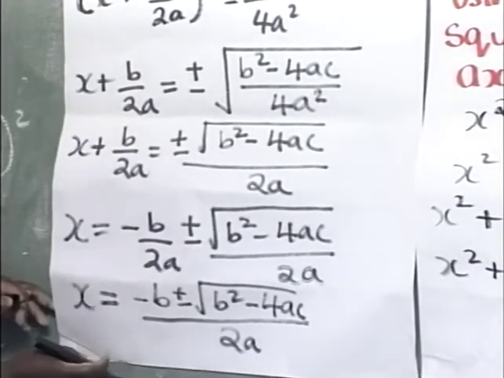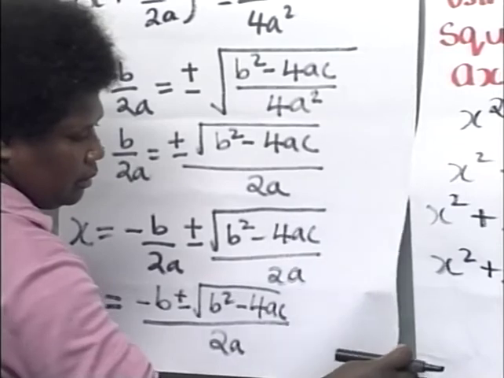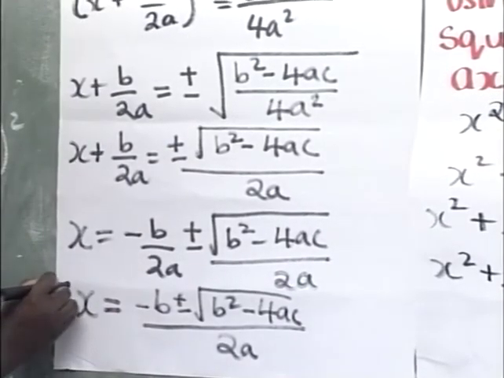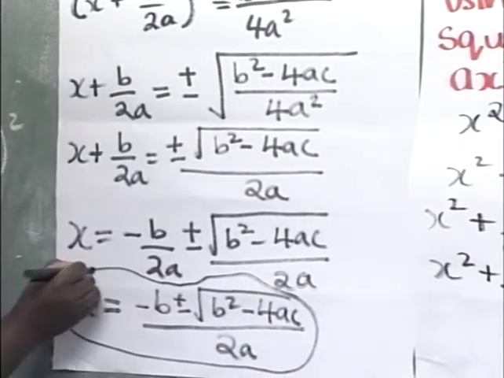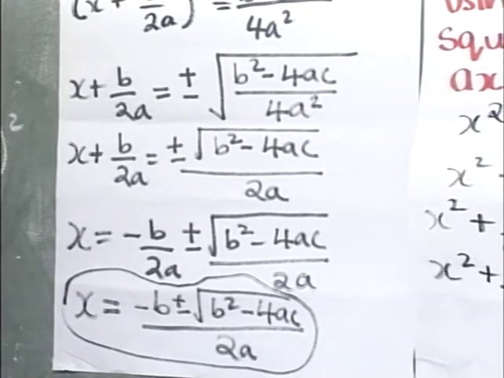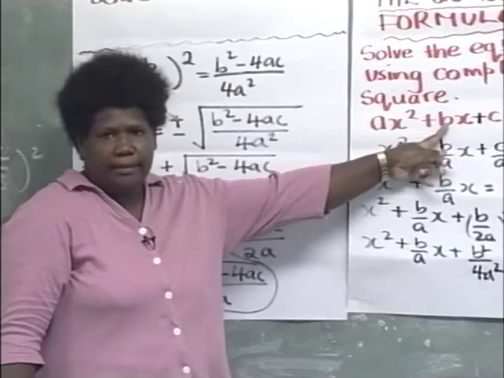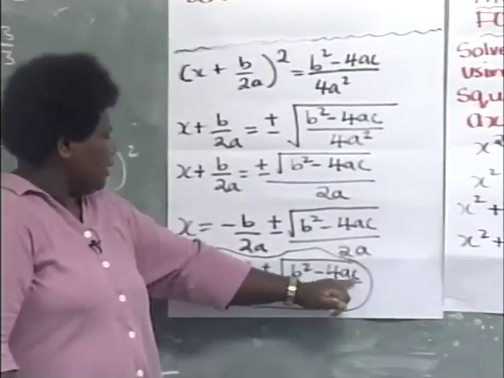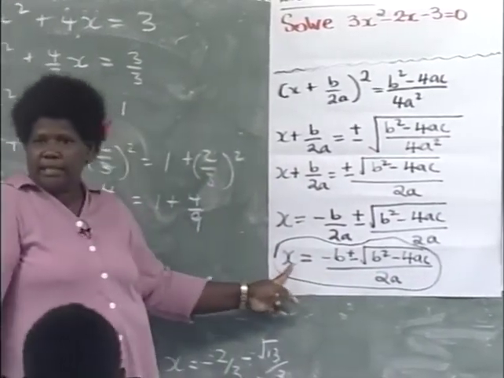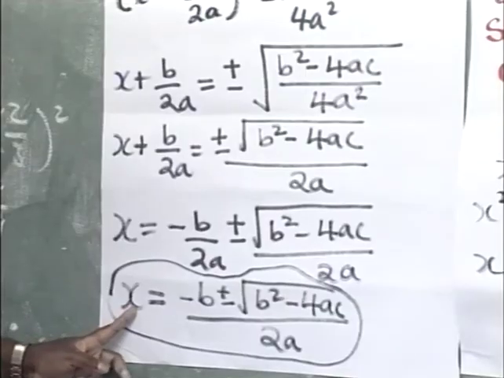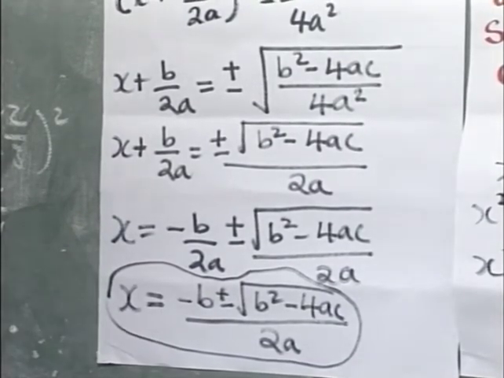Okay, this equation is called the quadratic formula. Note, b is the same value here, c is the same one in the equation, and also a. So if you wanted to find x, all you had to do was substitute the values for b, a, and c, and then you solve.